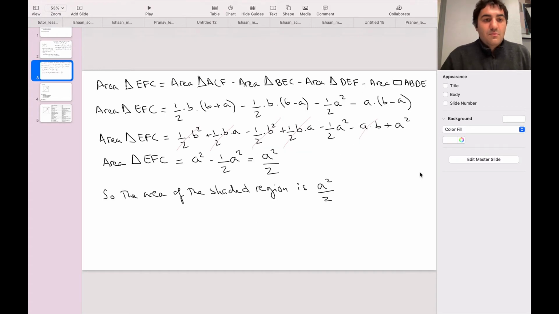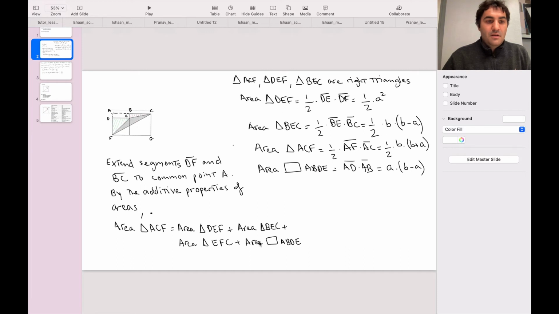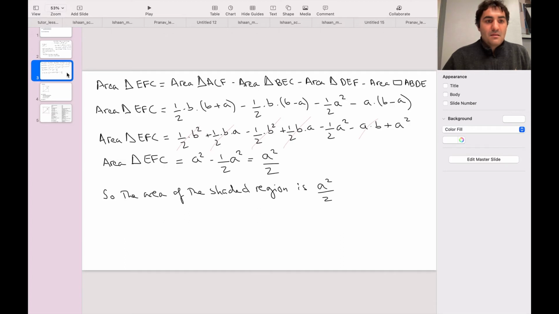So the next part, we use this equation here to find the area of triangle EFC, right? So area of triangle EFC is equal to area of triangle ACF minus area of triangle BEC minus area of triangle DEF minus area of rectangle ABDE.